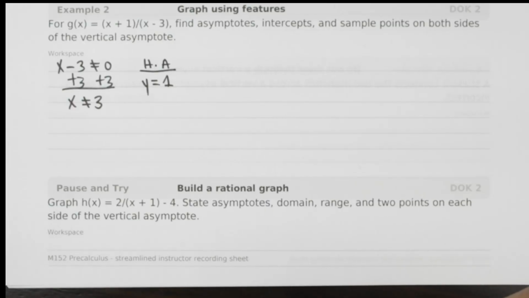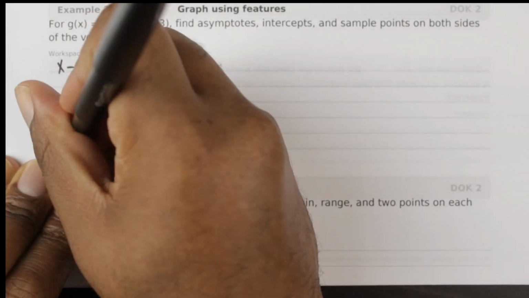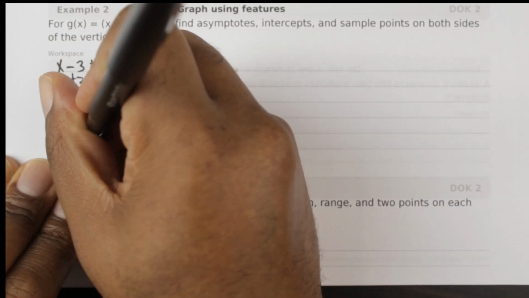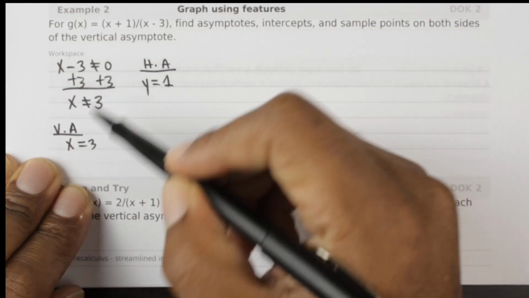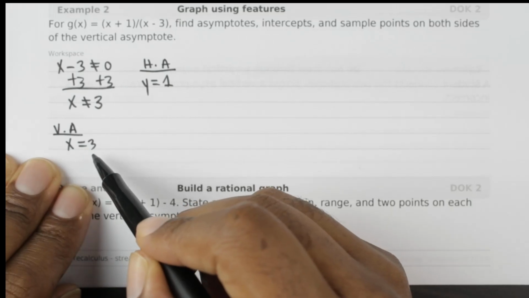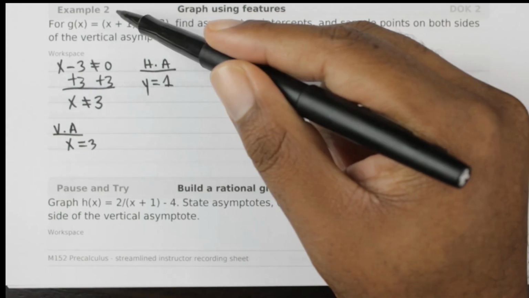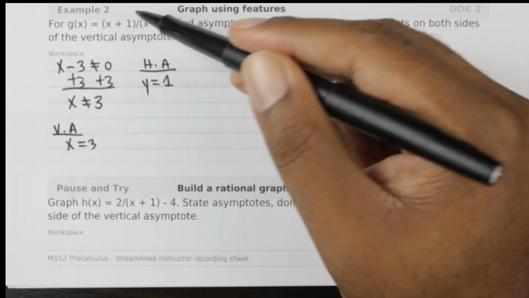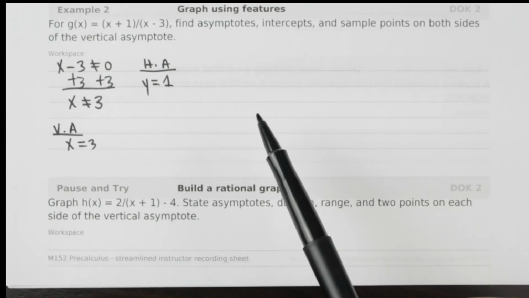Now we need to find the x-intercept. As a matter of fact, let's back up real quick. The vertical asymptote is x equals 3. By setting the denominator to 0, we can find the vertical asymptote, 3. The horizontal asymptote would be 1 due to the ratio of the powers, which are both the same.